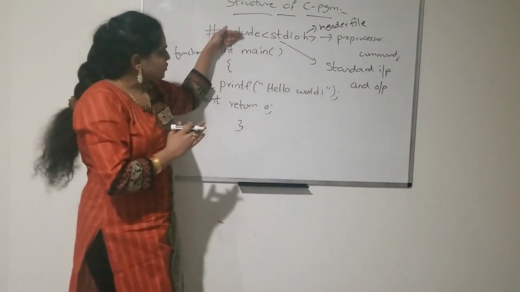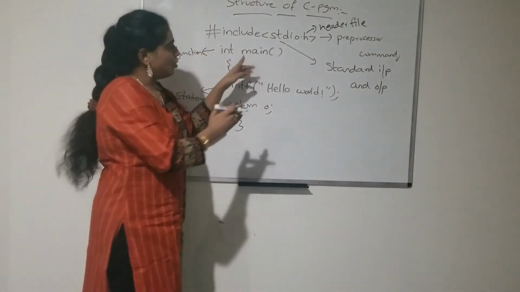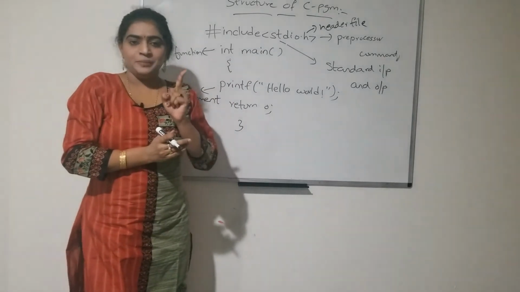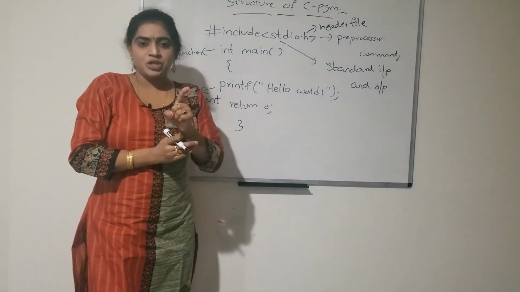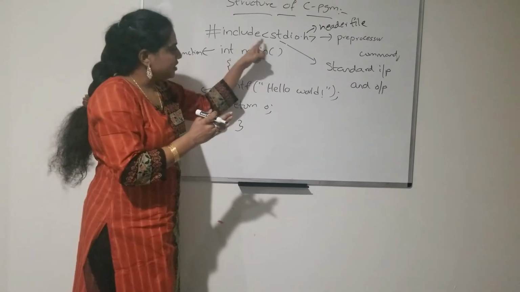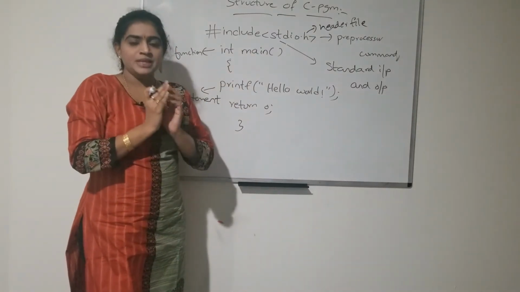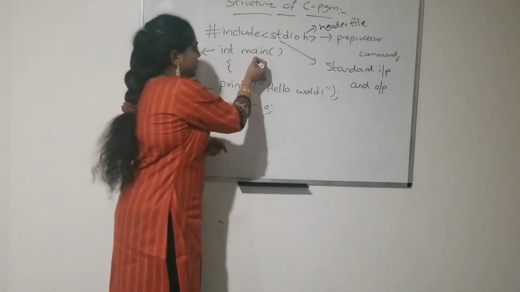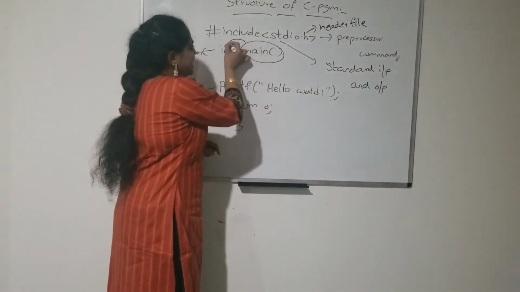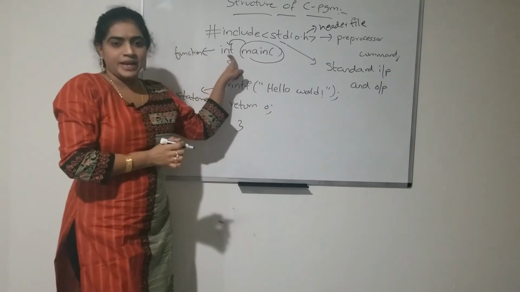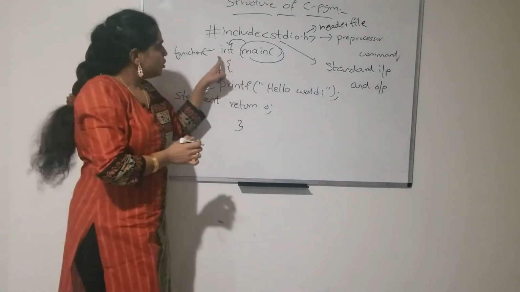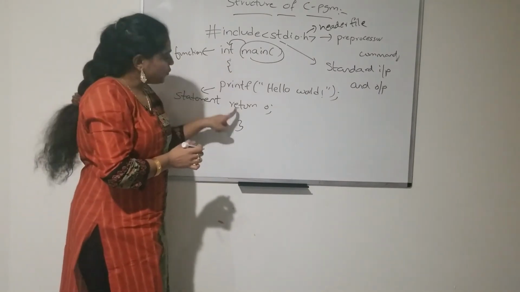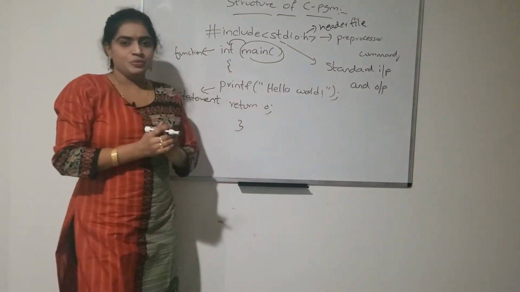Next one is int main. This is called the main function. Each and every C program execution always starts from the main function only. This main function is of type integer. Int main means this main function is of type integer, so it has to return some integer value.